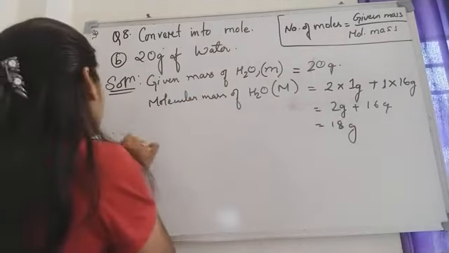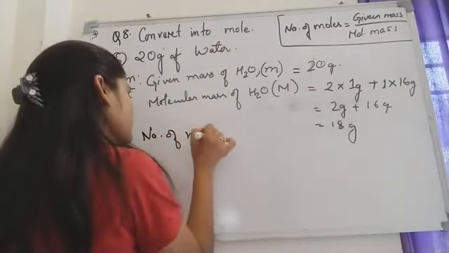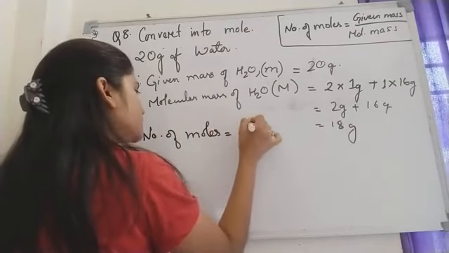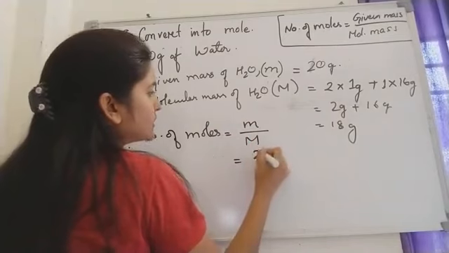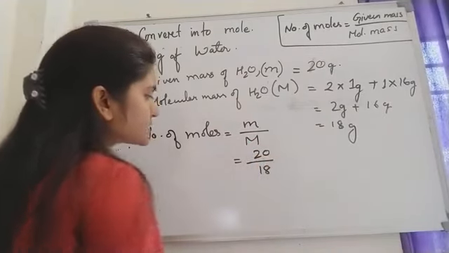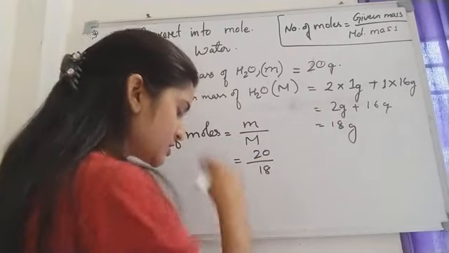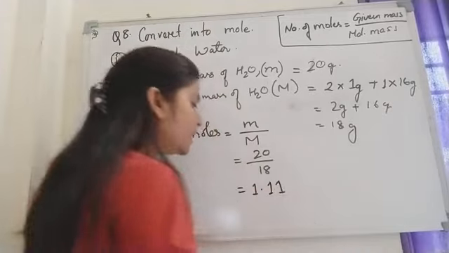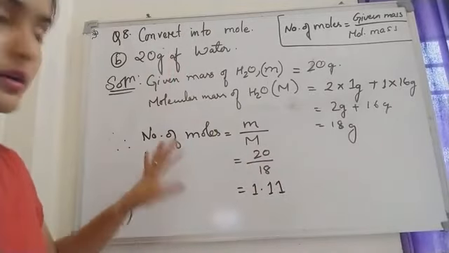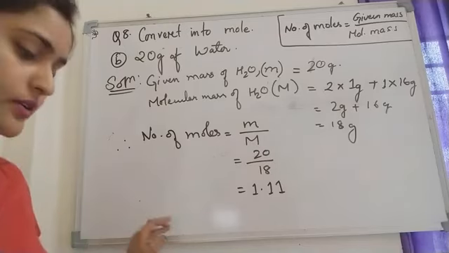So, therefore, number of moles is equal to small m divided by capital M. Small m is 20 divided by 18. Gram is already cancelled. So, while doing this cancellation, you will get an answer of 1.11. Right now I am writing this answer directly, but you all have to do the division in order to get the correct answer.